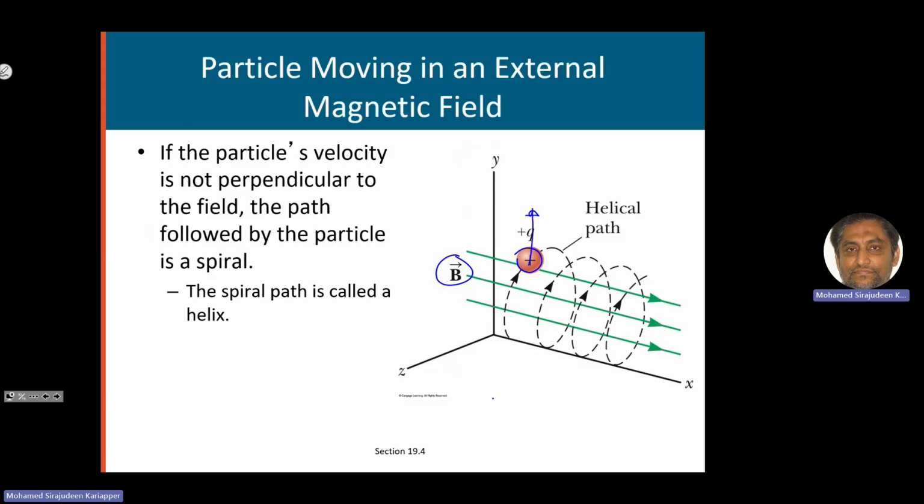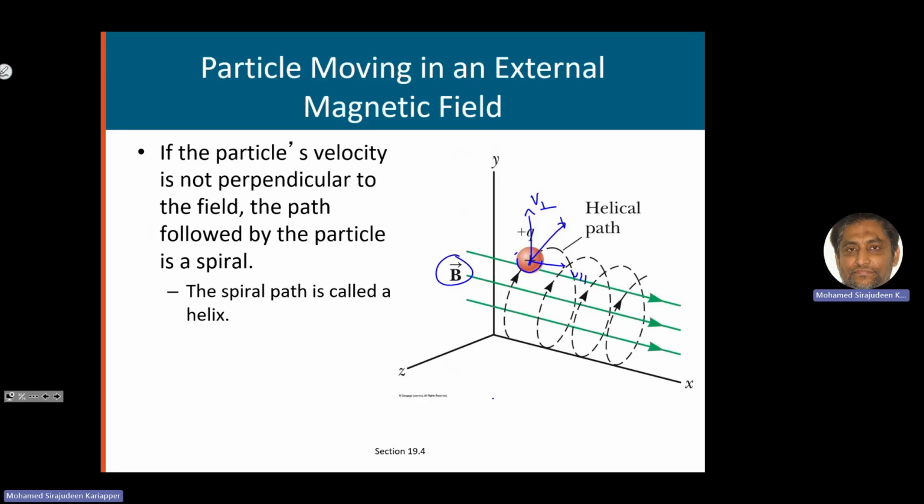Let's say in the y direction at this particular moment. So the velocity has a component perpendicular to the magnetic field, and also parallel to the magnetic field. Magnetic field is in the x-axis, and the velocity has a component in the x-axis, and also perpendicular to the x-axis.